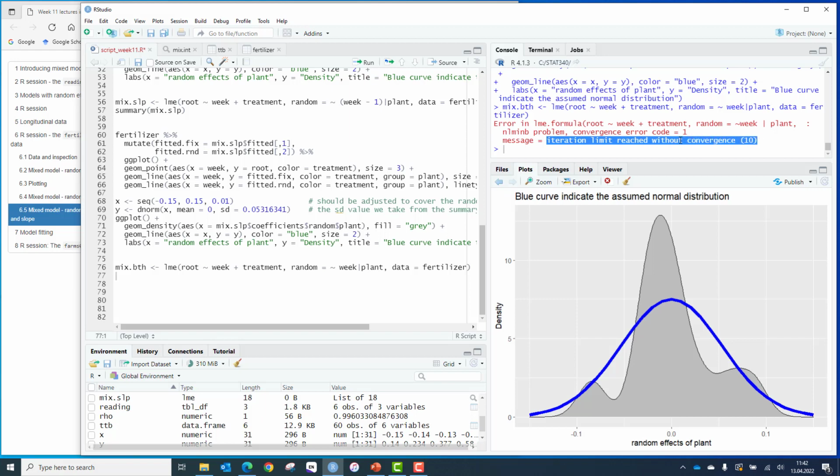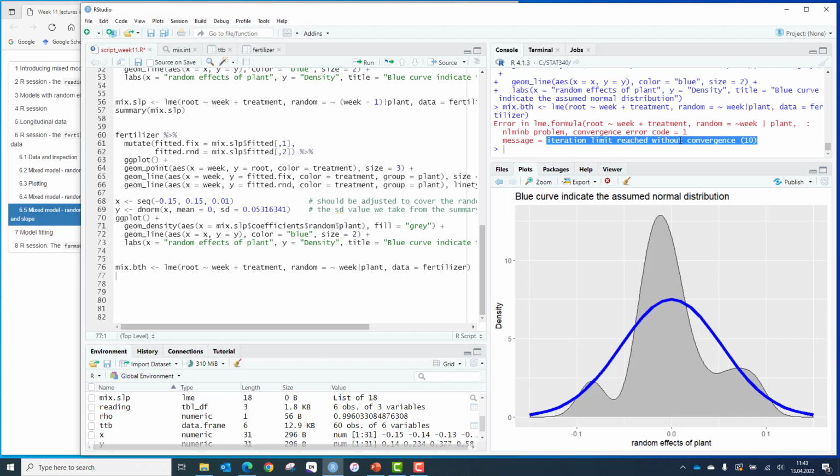What does it mean? It means that when we try to fit the model to the data, it doesn't find a solution. And this is typically the case if you try to fit a too complicated model to a smallish data set.